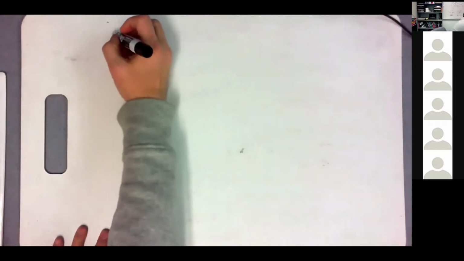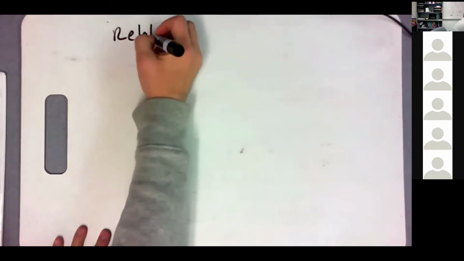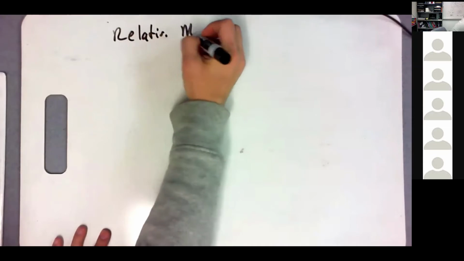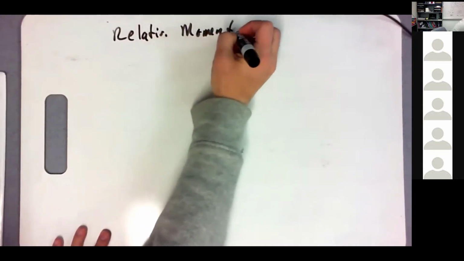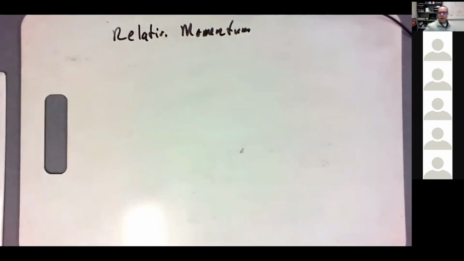We need to think about momentum and energy today in a relativistic sense. So let's start with relativistic momentum. Nobody agrees on the momentum of an object, since every observer in a different reference frame measures a different velocity for objects.